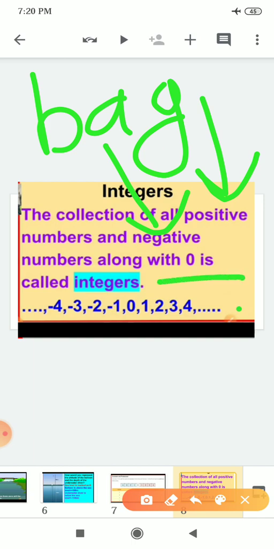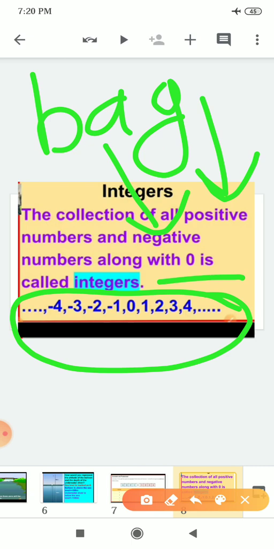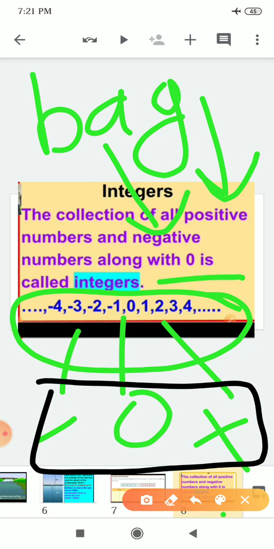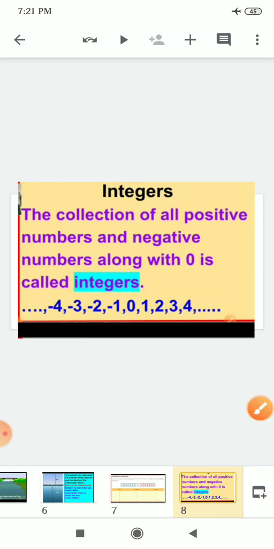So this is the series you should know: here are the negative numbers and here are the positive numbers, and it also includes 0. This bag includes 0, negative numbers and positive numbers, so it is called integers. It is the collection of negative, positive and 0.